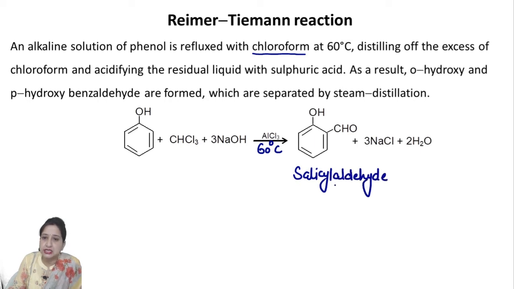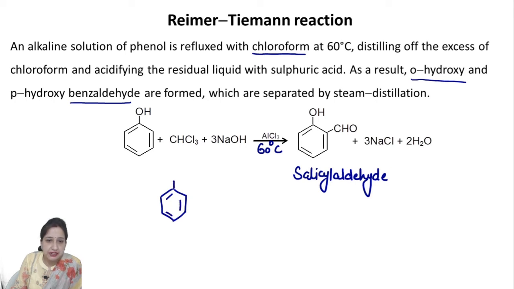This is your salicylaldehyde. So this reaction takes place in a number of steps to yield this salicylaldehyde, which is also known as orthohydroxybenzaldehyde, and some amount of parahydroxybenzaldehyde is also formed.